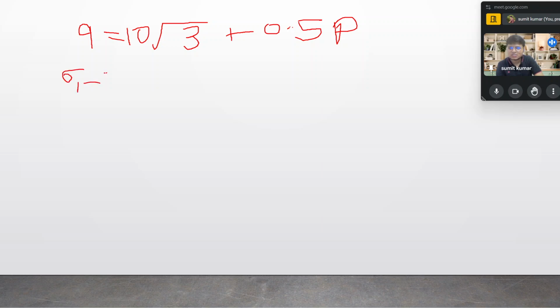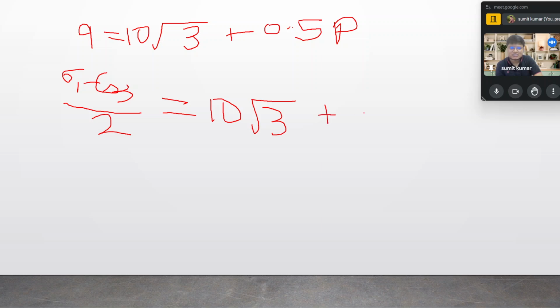Q is (sigma 1 minus sigma 3) by 2, you know already, right? And equal to 10 root 3 is 10 root 3 only, and 0.5 p is (sigma 1 plus sigma 3) by 2, so sigma 1 plus sigma 3 upon 4, because already 2 by 2. When we solve it, it will be sigma 1 by 2 minus sigma 1 by 4, so 0.5 minus 0.25, that is 0.25, so sigma 1 by 4, right?